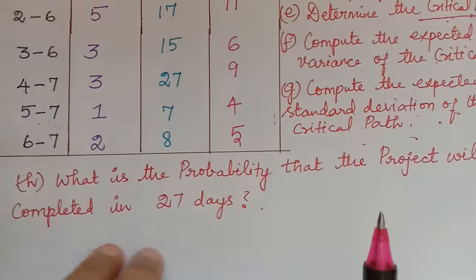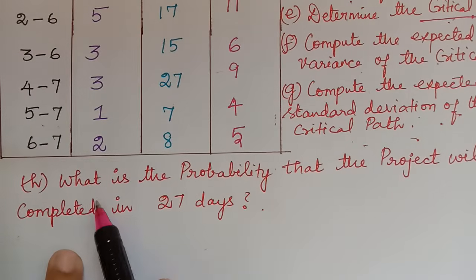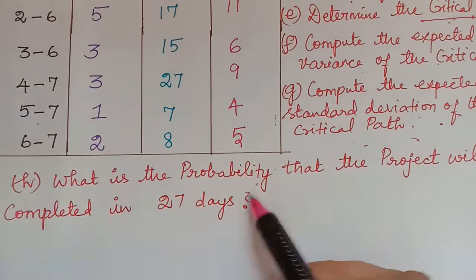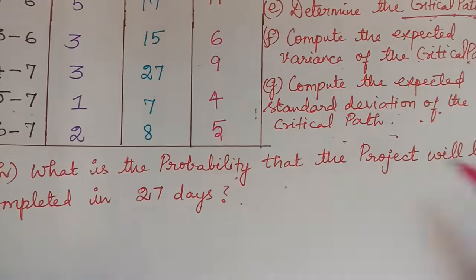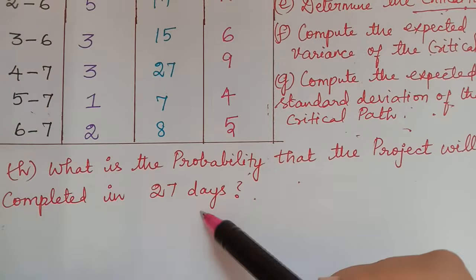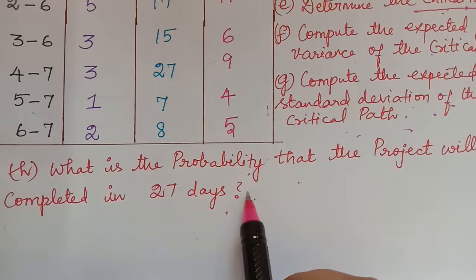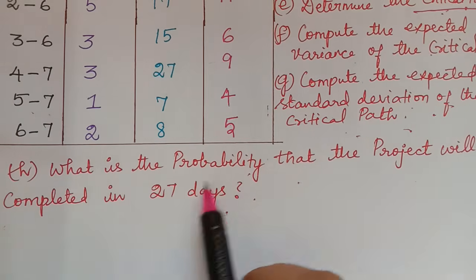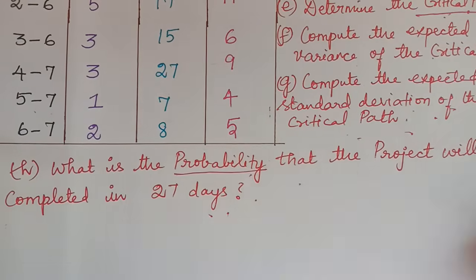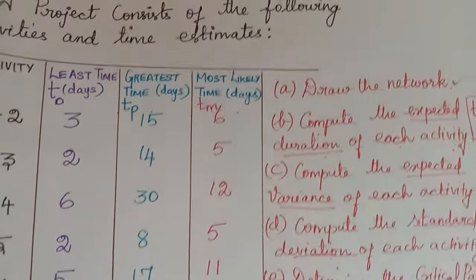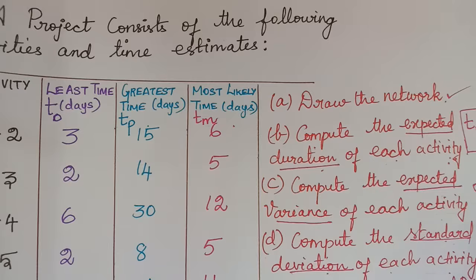And here we have the last question, which is about the probability. So what is the probability that the project will be completed in 27 days? For this we have to calculate the Z statistic and then we have to evaluate this probability. So I will explain one by one in this video for your better understanding.